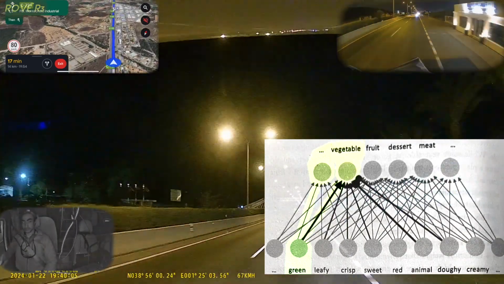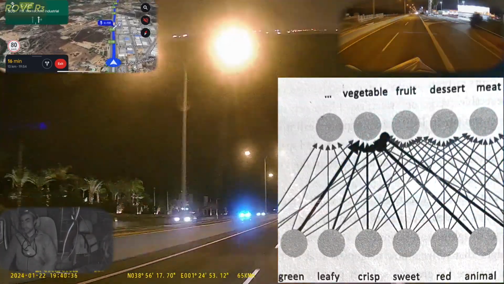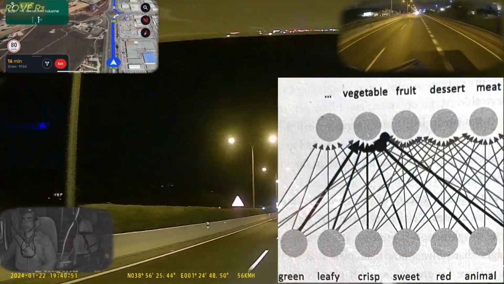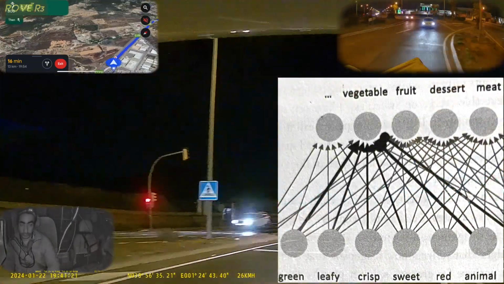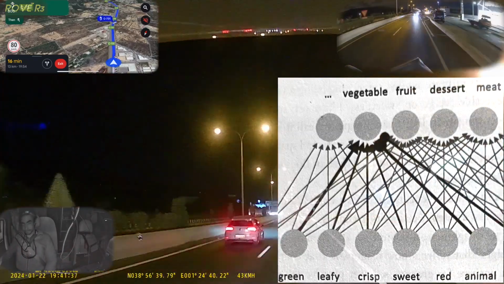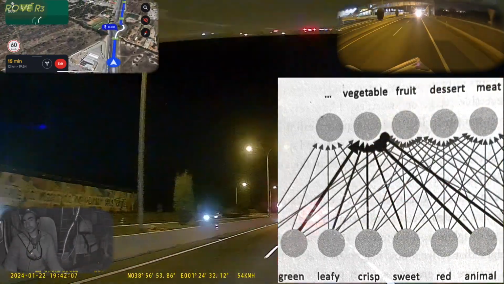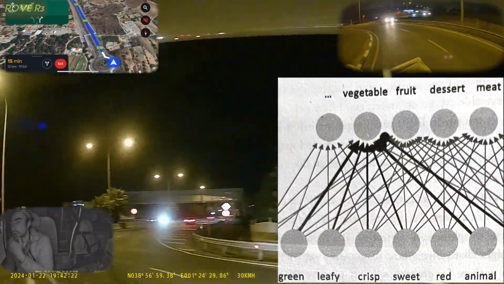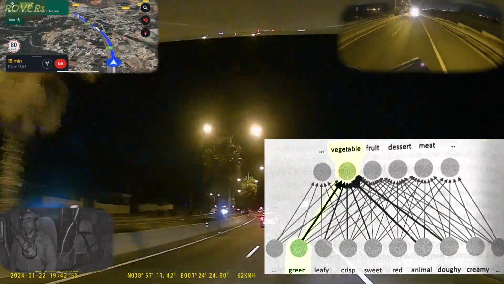And then it's also got a line to dessert and also got a line to meat. It's hard to follow the lines. Are you pointing at an it in there going, oh yo, if it's... but it's quite a weak line. I see. And the strongest line goes to vegetable.